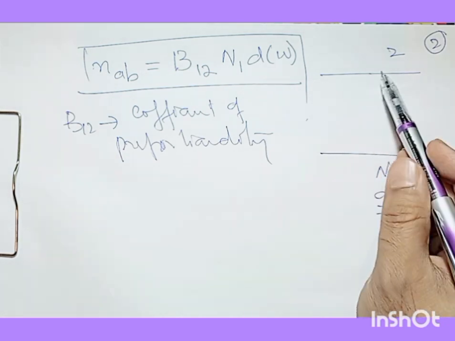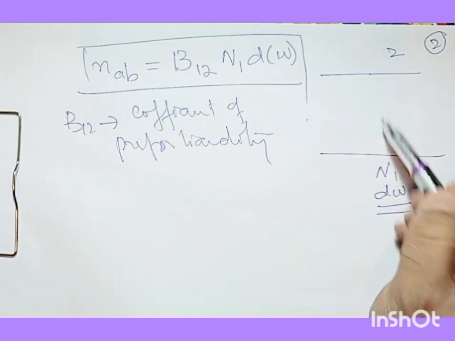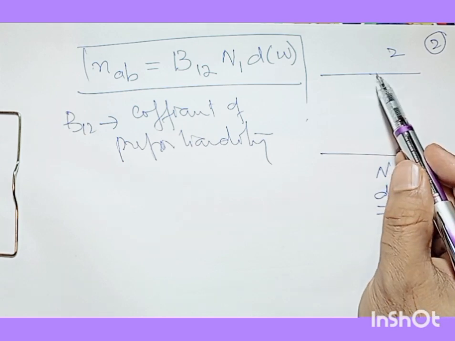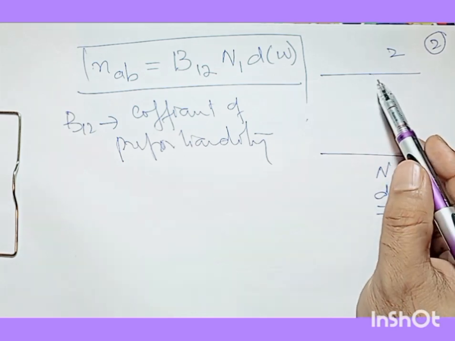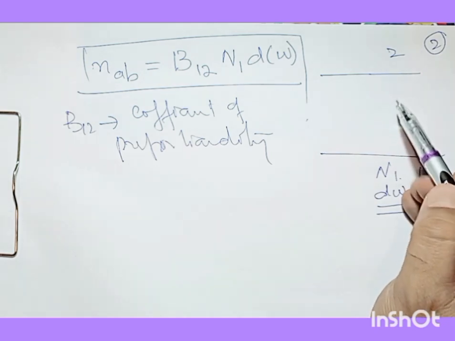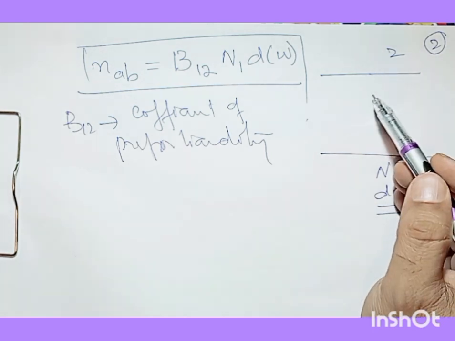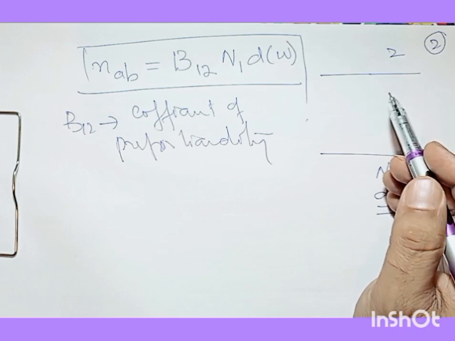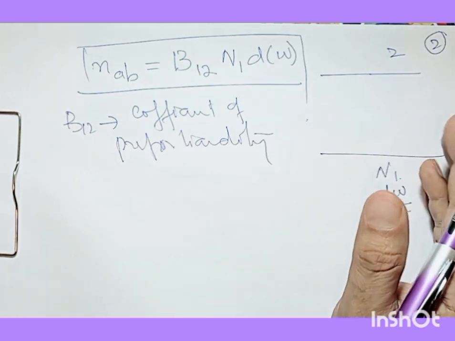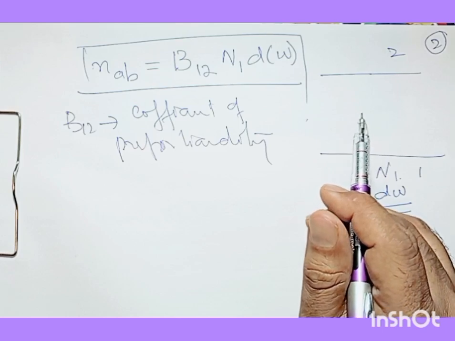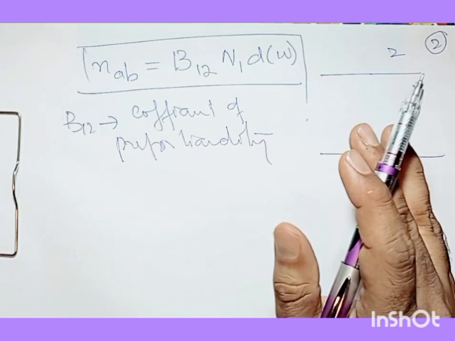An atom in the excited state emits radiation even in the absence of the incident radiation, and this can happen even in the absence of electromagnetic radiation, as the atom goes into the ground state.